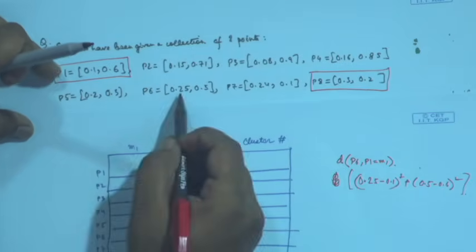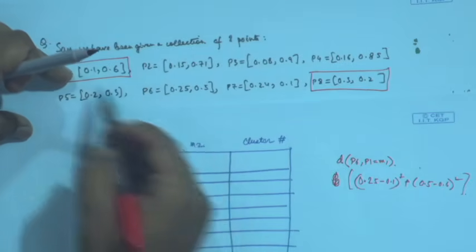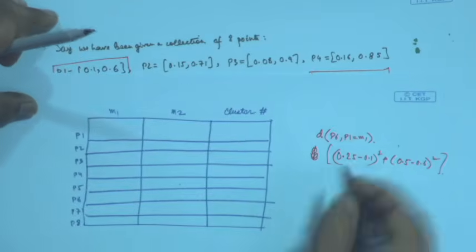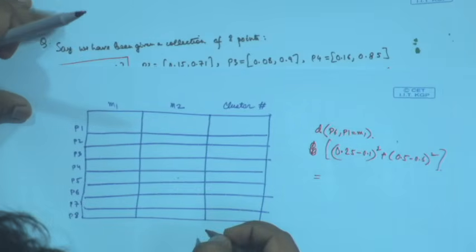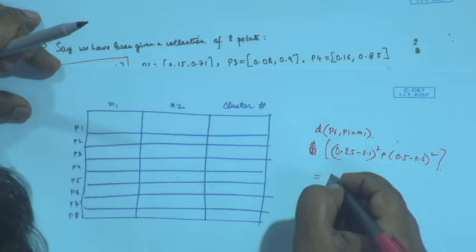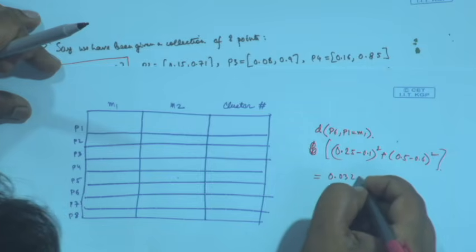I just did this one, 2.25 minus 0.1, 0.5 minus 0.6, and this comes out to be equal to 0.0325.